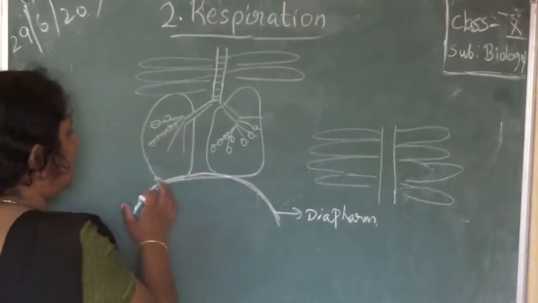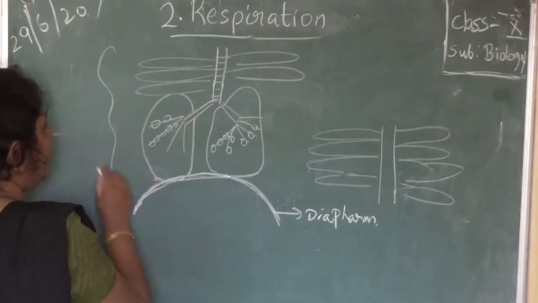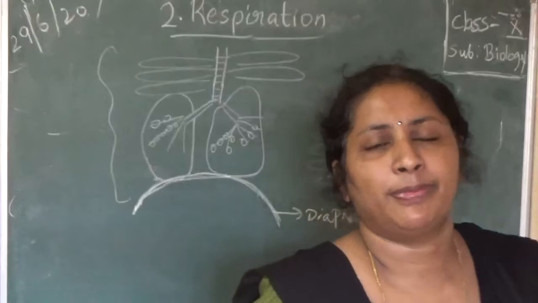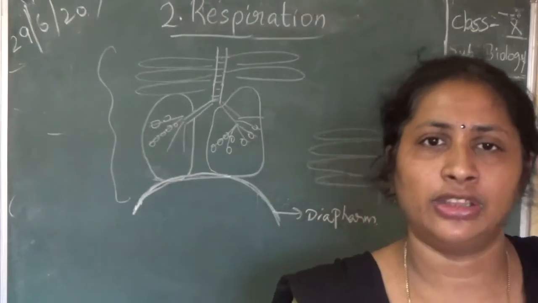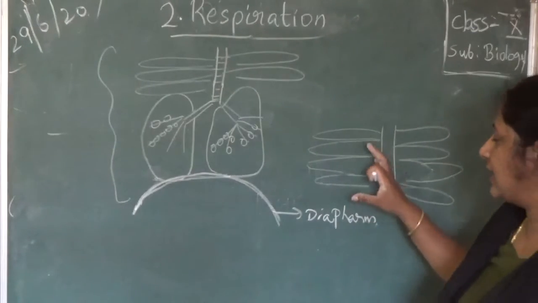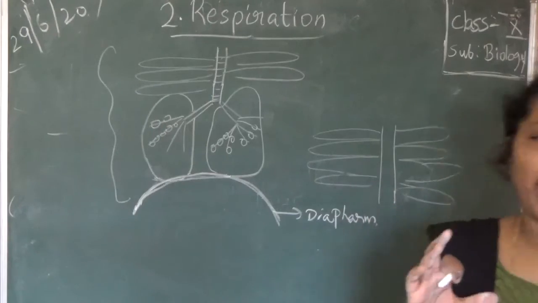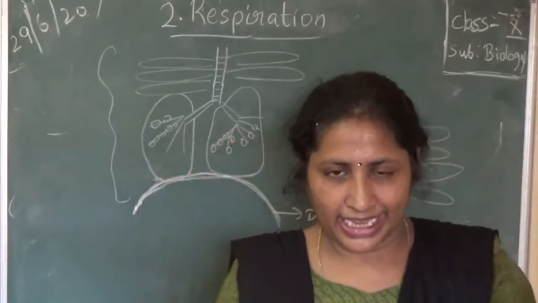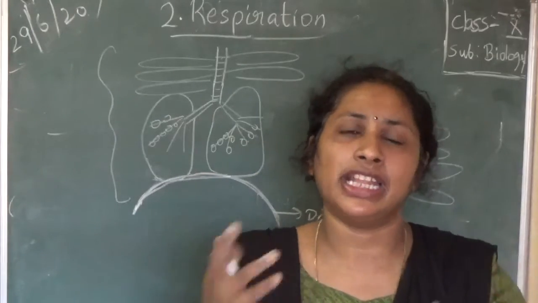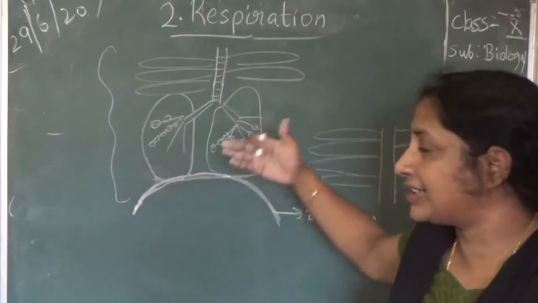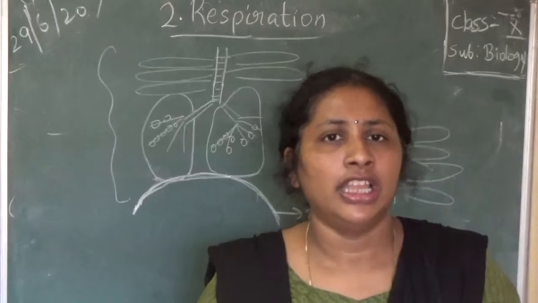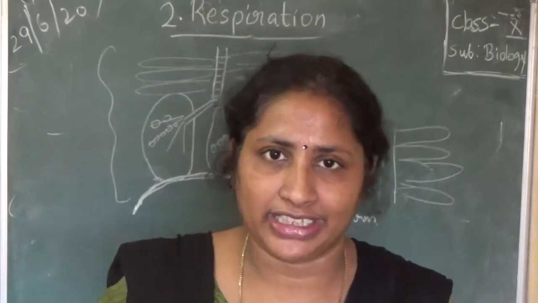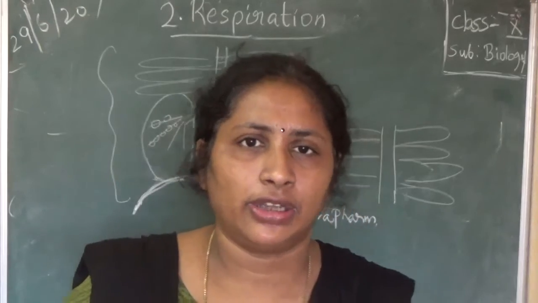If you remove the lungs from the rib cage, the empty space is part of the thoracic cavity. That's why lungs are situated in the thoracic cavity.